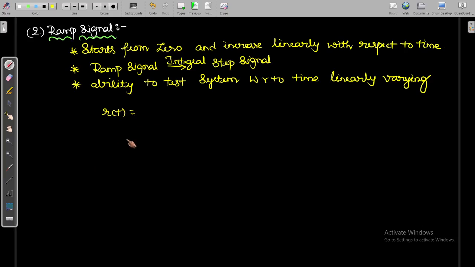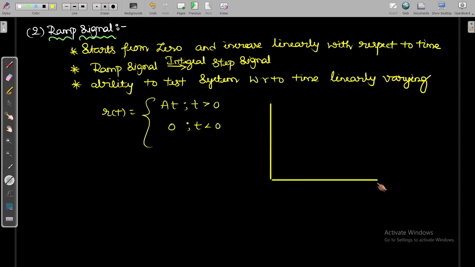Normally it is represented with r of t. So r of t equals A t for t greater than 0, and 0 for t less than 0. This is the representation of the signal. Here is r of t with respect to time. How does r of t vary? It starts from 0 and increases linearly.